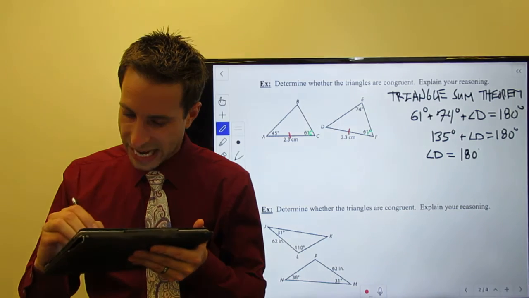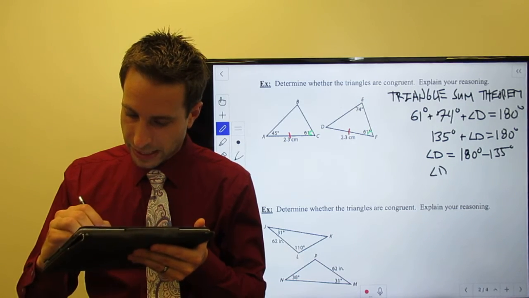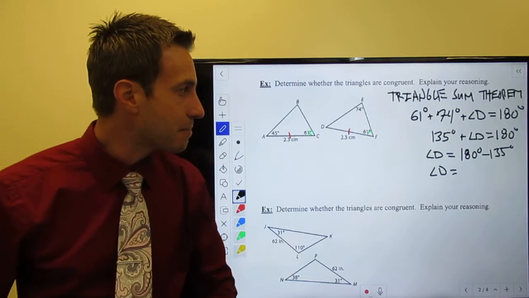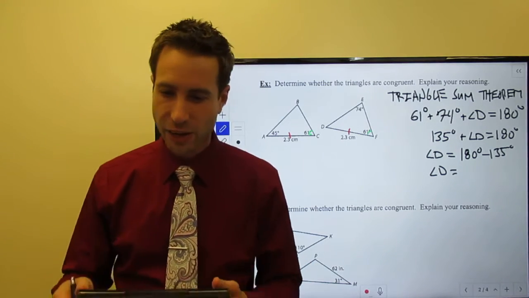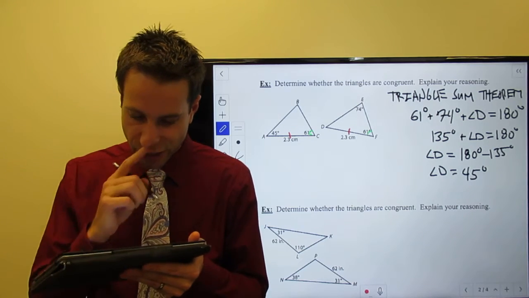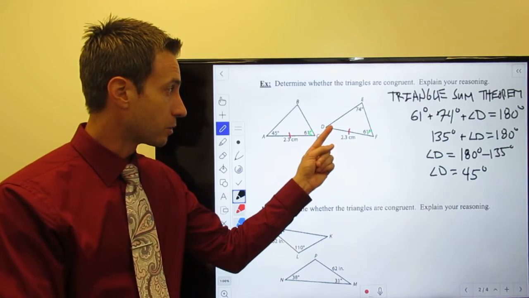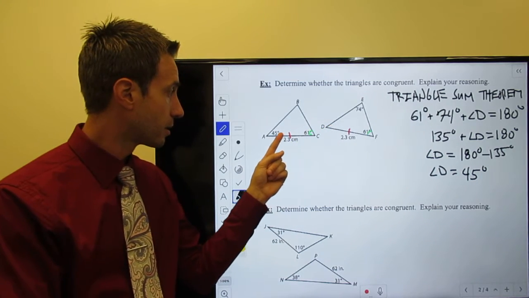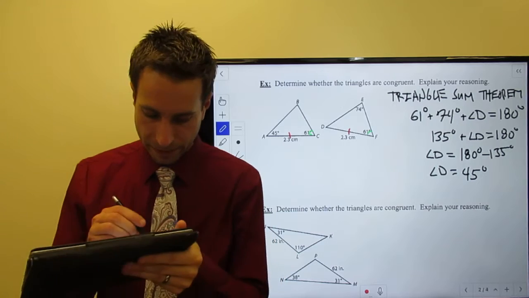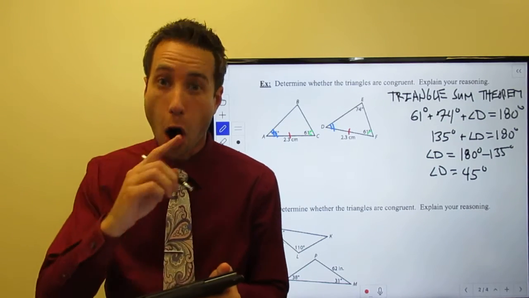So 180 minus 135. Again, if you need a calculator to do that, please feel free to do so. But I get 45 degrees. Now, did that work? Angle D is 45 degrees. Boom, got it. Angle A and angle D are congruent.